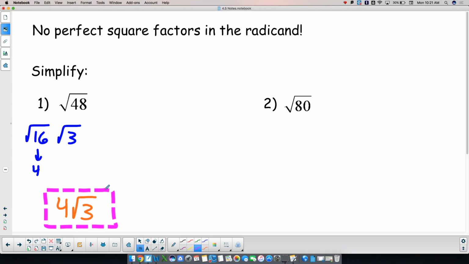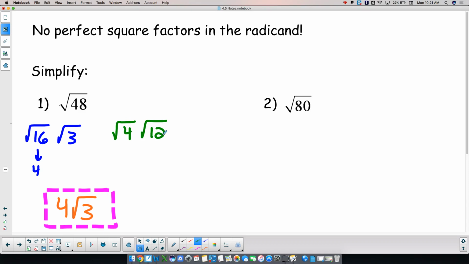Now, you may not have seen that 16 went into 48. You may have said, well, I know 4 goes into 48. So then we could have done 4 times 12 is 48. But what's 12?